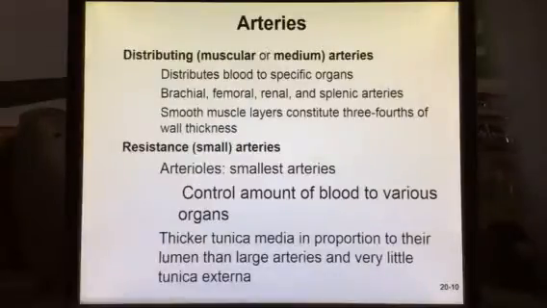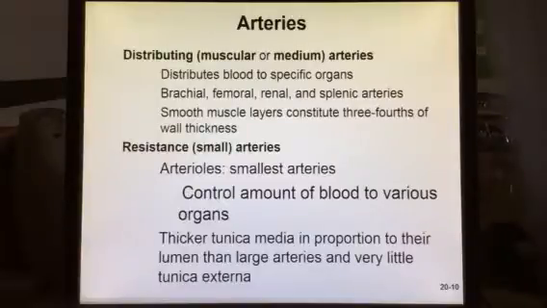The next category of arteries are the medium-sized arteries. They're called distributing arteries. They distribute blood to specific organs. They are branching from those larger arteries, and they also have smooth muscle layers that are three-quarters of the wall thickness, so they're very muscular. And when we go smaller from there, they're called small arteries or resistance arteries.